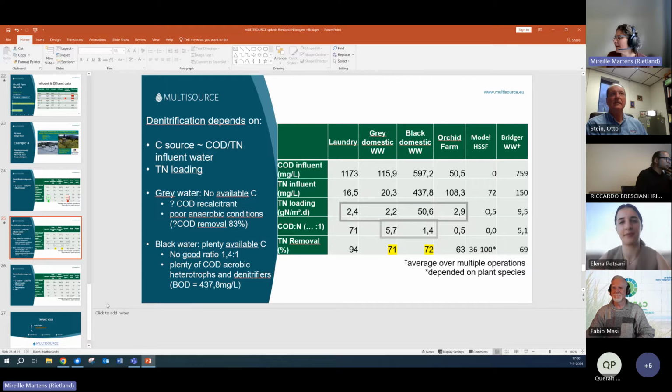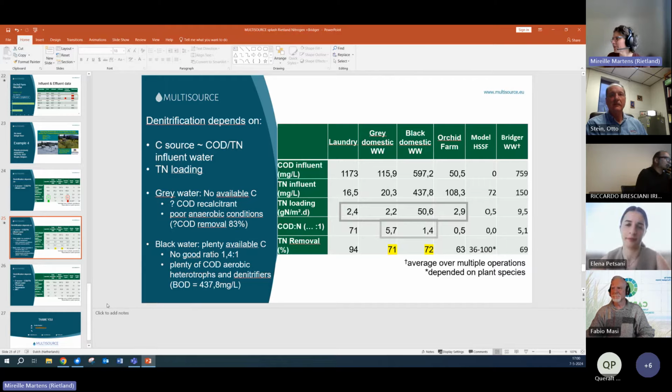Actually, I cannot explain why the gray water has the same removal efficiency as the black water, because the gray water has a much lower TN loading, but also a much lower concentration, and a higher COD to N ratio. So you would assume that would perform better. So we thought, okay, maybe the carbon is not available, because it needs carbon, and the COD was lower.